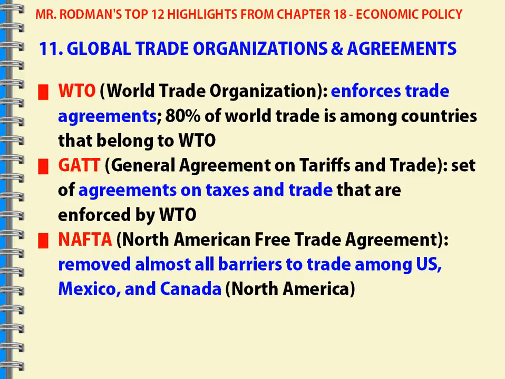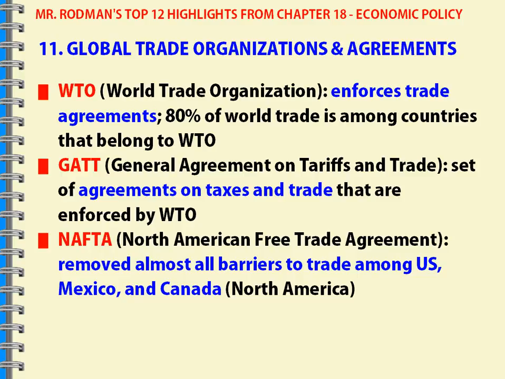In terms of global trade organizations, the three you need to know, the one you're probably most familiar with is NAFTA. That's the North American Free Trade Agreement, which basically removed all of the barriers, or most of them, from the trade that was happening between the US, Mexico, and Canada. The World Trade Organization is one that enforces different agreements and essentially includes about 80% of the trade that happens between countries that are members of the WTO.